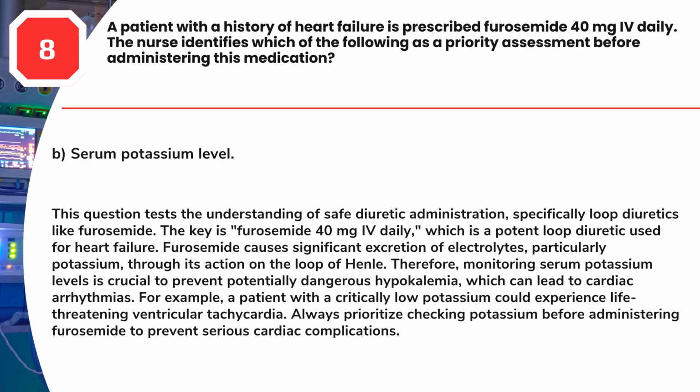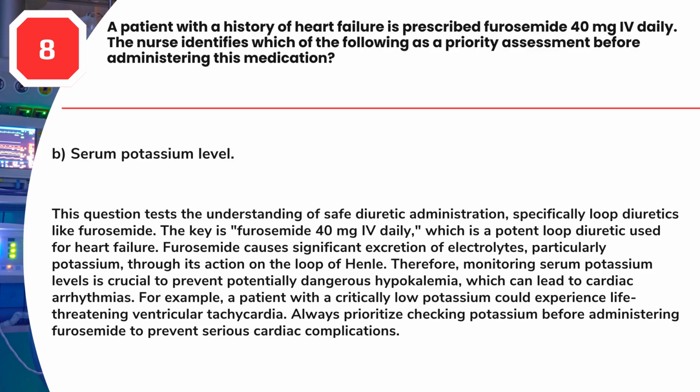This question tests the understanding of safe diuretic administration, specifically loop diuretics like furosemide. The key is furosemide 40 mg daily, which is a potent loop diuretic used for heart failure. Furosemide causes significant excretion of electrolytes, particularly potassium, through its action on the loop of Henle.